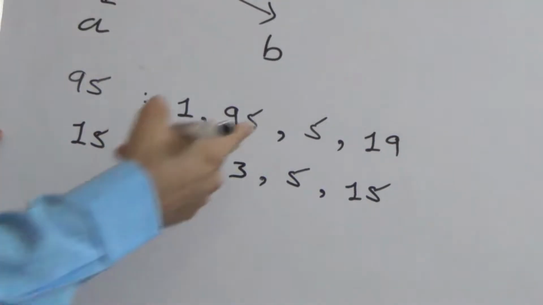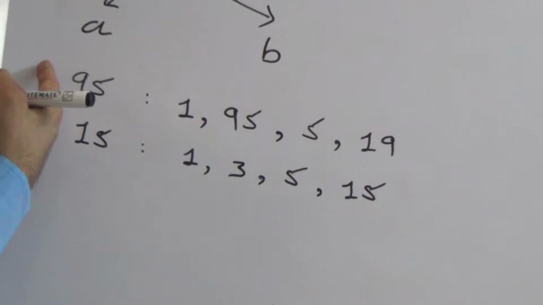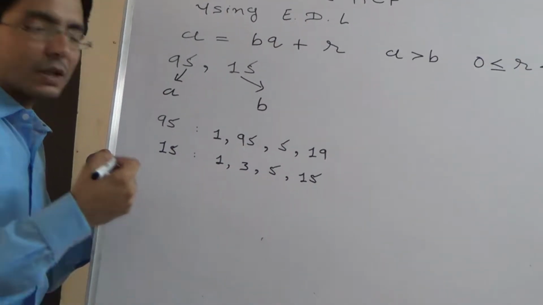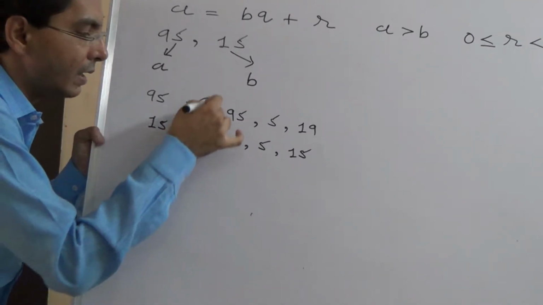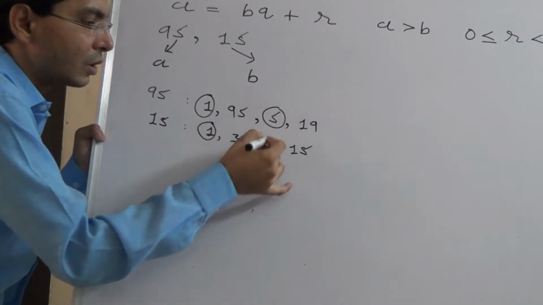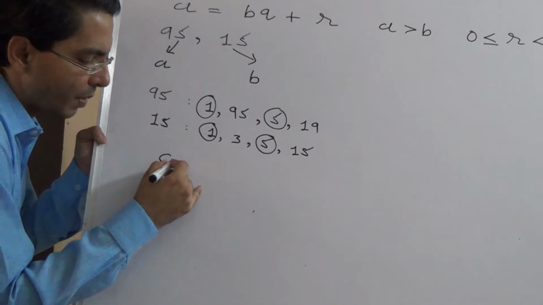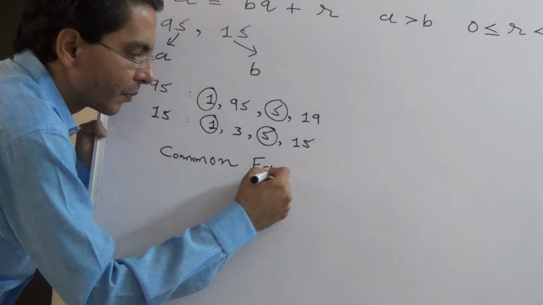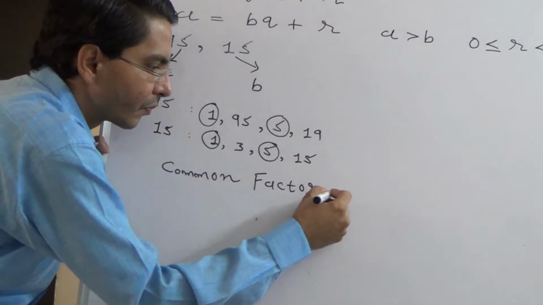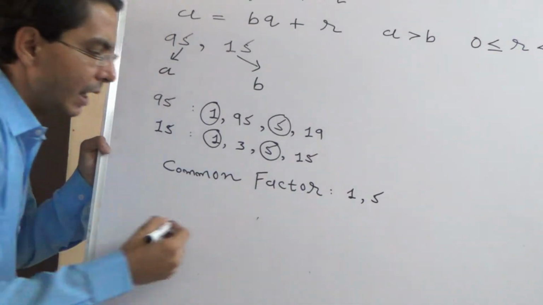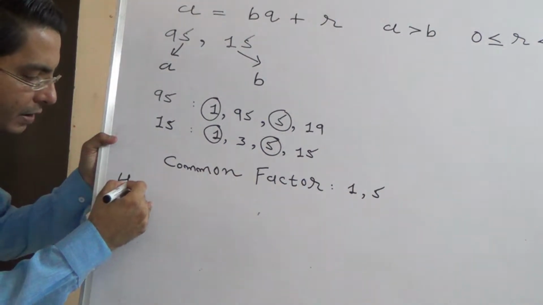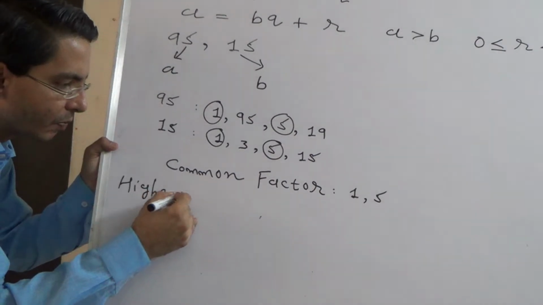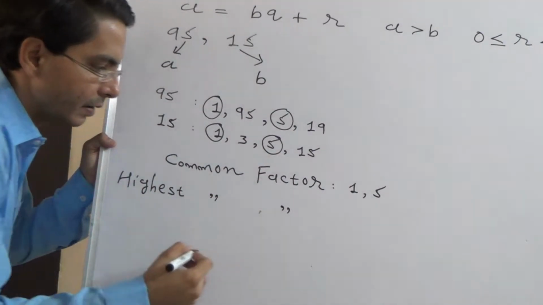In both the factors of 95 and the factors of 15, what is common? The common factors are 1 and 5. HCF means highest common factor.